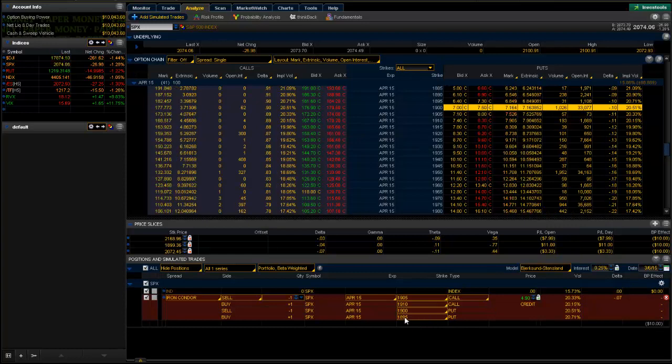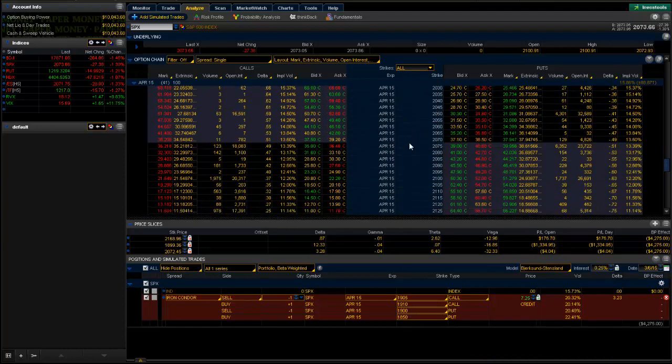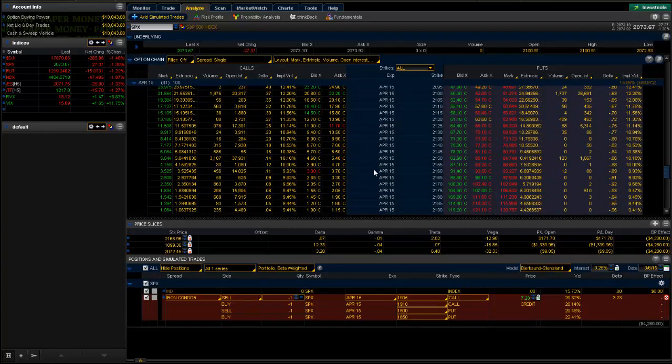We'll use a 50-point wide wing on the put side, and then on the call side, let's select 2150. So we've got a 2150 strike that we're selling and a 2200 strike that we're buying.